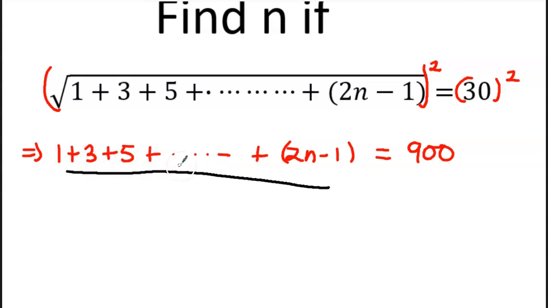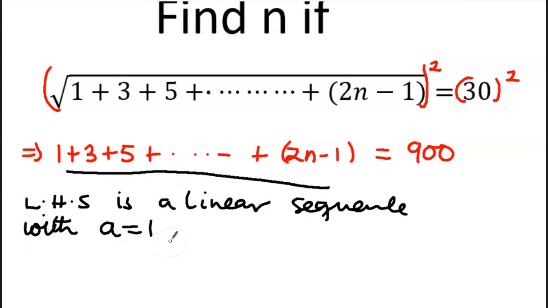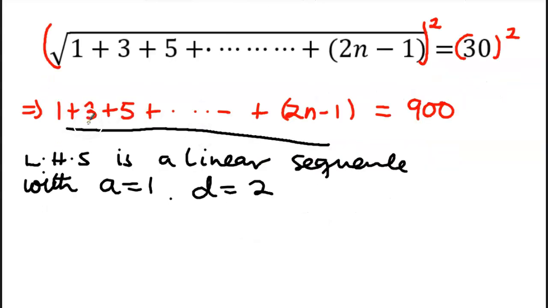It is a linear sequence with the first term 1 and a common difference of 2. The left hand side is a linear sequence with first term 1 and common difference 2. Now this is the sum.